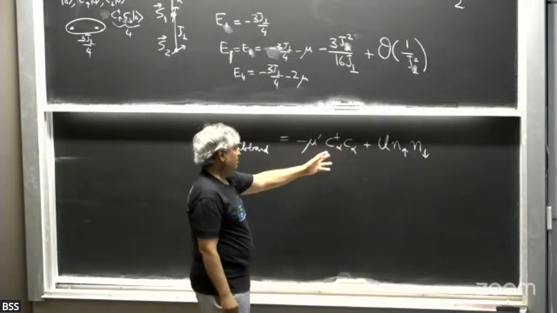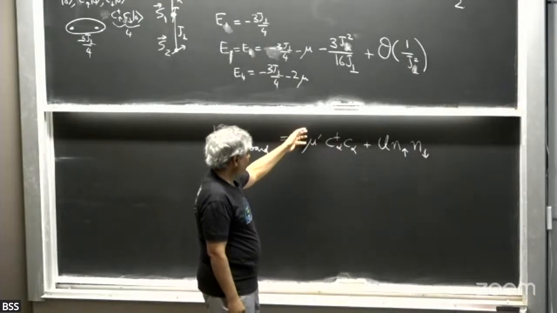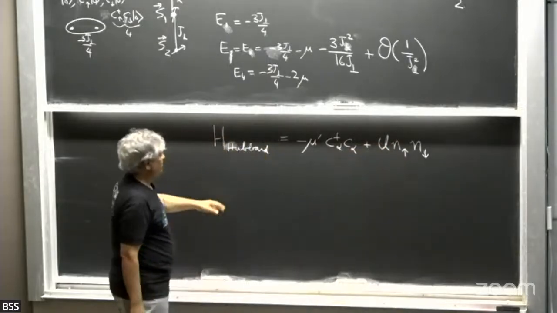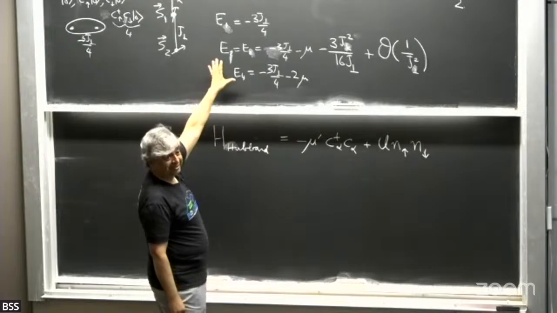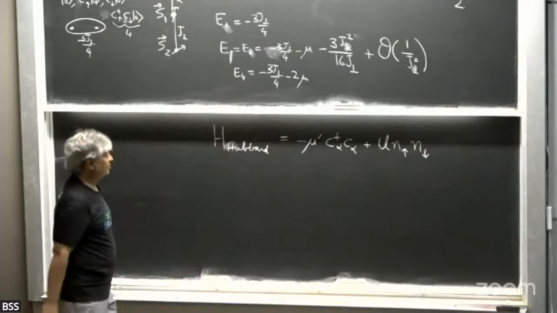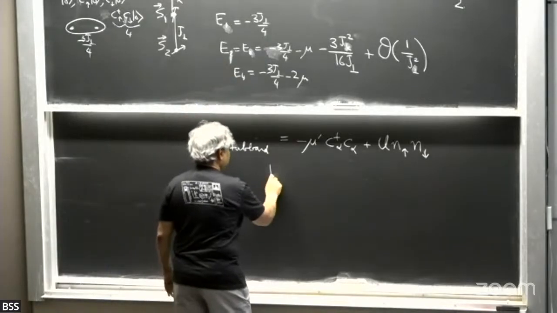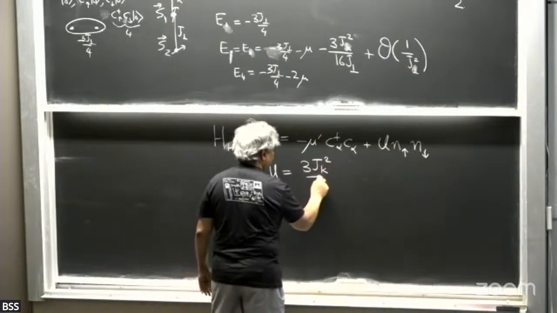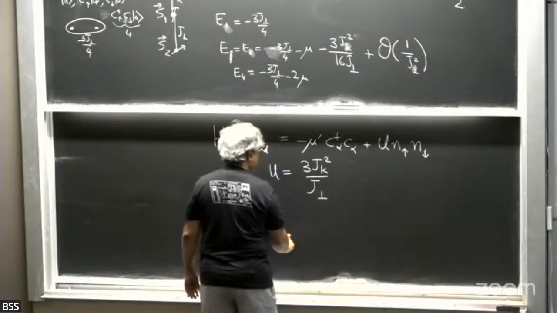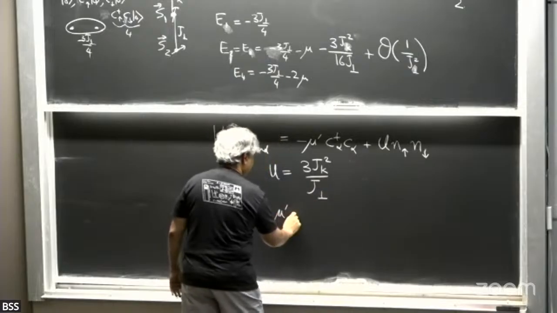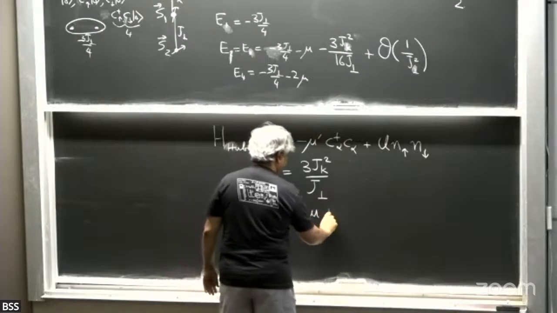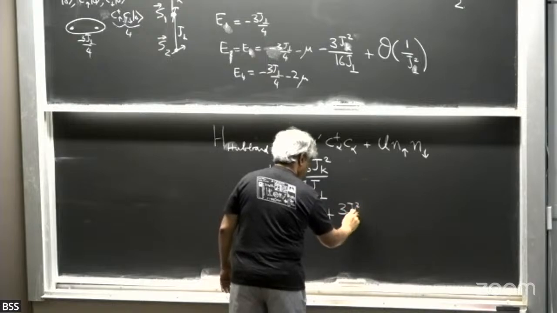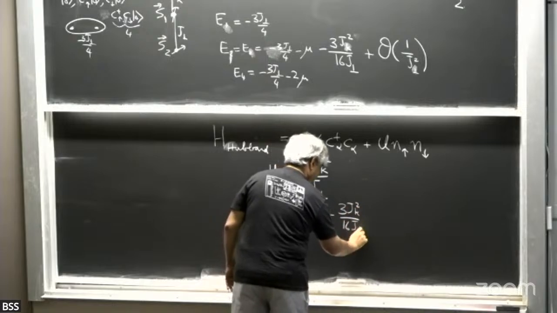It's basically number of particles times mu prime plus U only for the doubly occupied site. So you take those energy levels and you match it to these, and perfect match, provided you choose U to turn out to be 3 JK squared over J perp, and mu prime turns out to be mu plus 3 JK squared over 16 J perp.